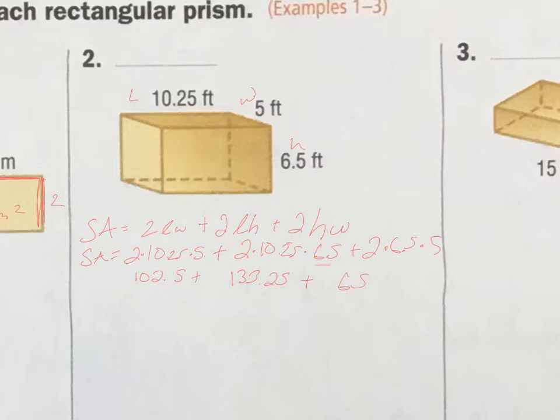Now we just add them up and see what we get. 102.5 plus 133.25 plus 65 equals 300.75 feet squared. And you have found the surface area, because you found this and this and this and back there and down here and back here. You found all the sides, the area of all the sides.